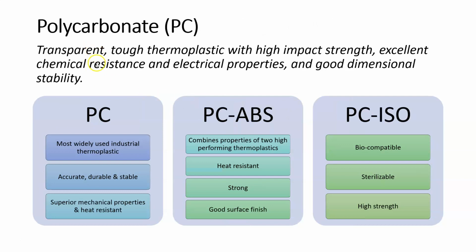Then we have polycarbonates. These are transparent, tough thermoplastics with high impact strength, excellent chemical resistance and electrical properties, and good dimensional stability. So we have polycarbonate, right? As I just said. We also have a polycarbonate ABS kind of hybrid material and a polycarbonate ISO hybrid material.